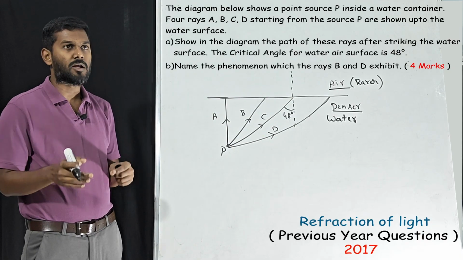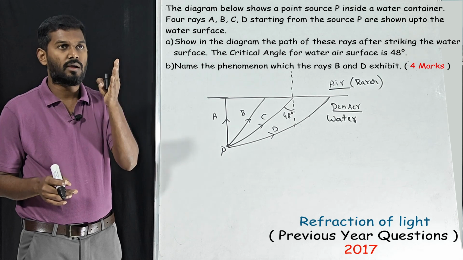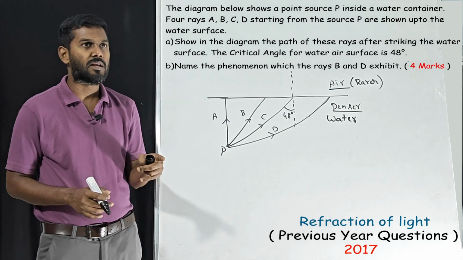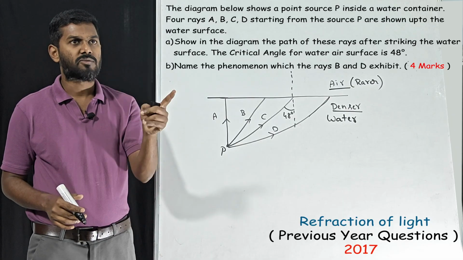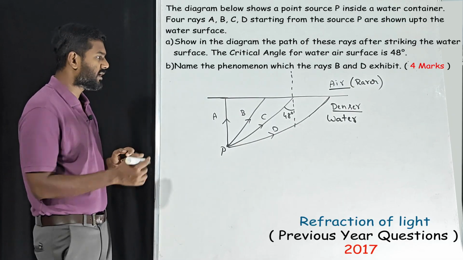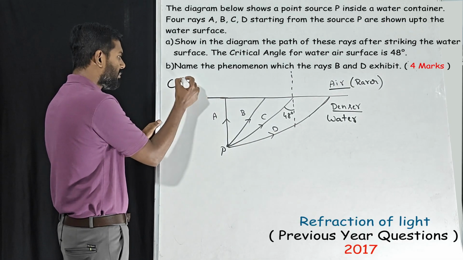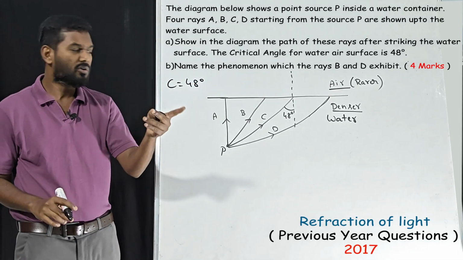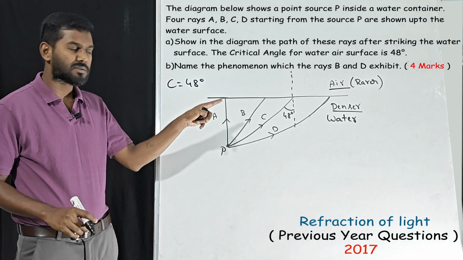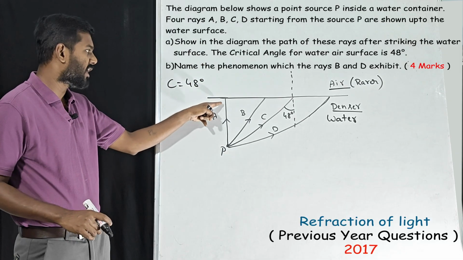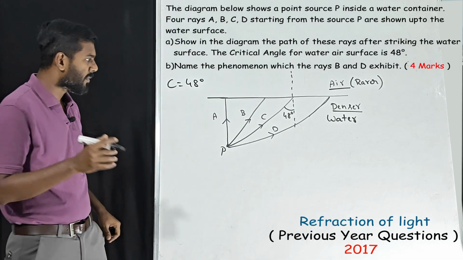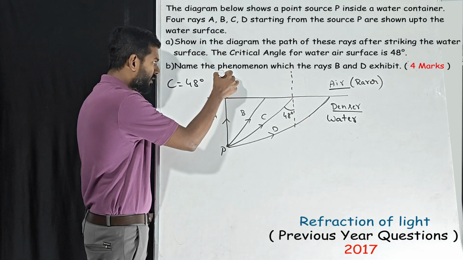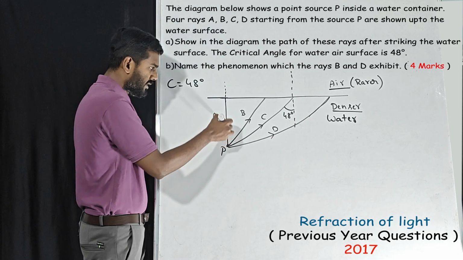Now, show in the diagram the path of these rays after striking the water surface. The critical angle of water surface is 48 degree. The critical angle for this medium is 48 degree. These are the conditions they have given. We have to draw the paths of what happens after they cross this surface. See, if you draw a normal, it will be like this, correct?